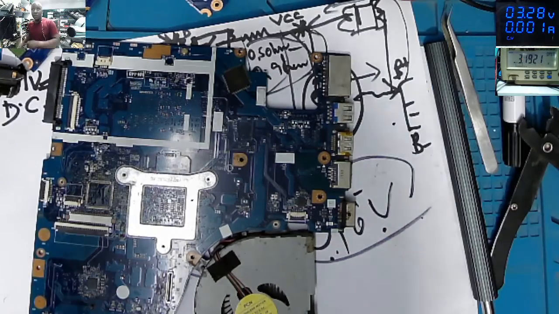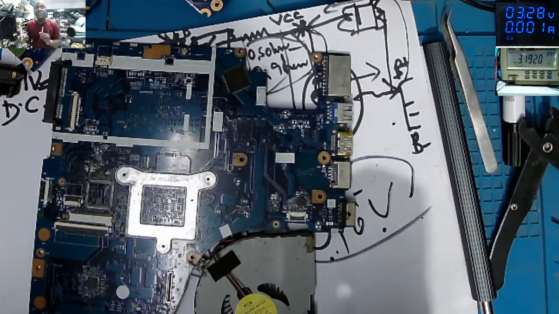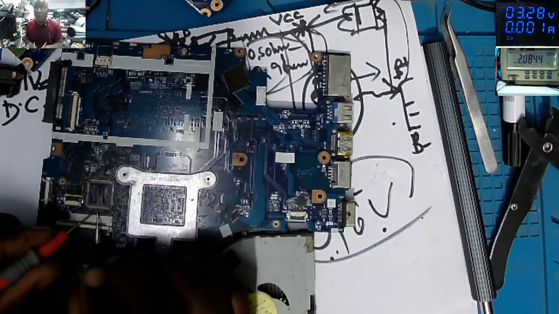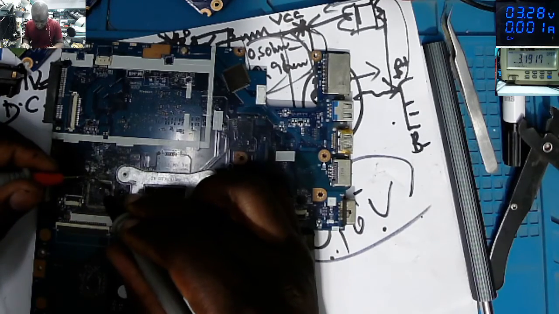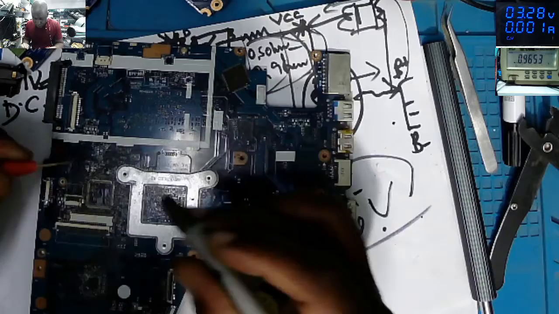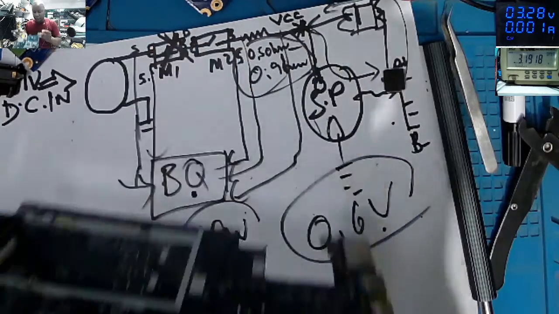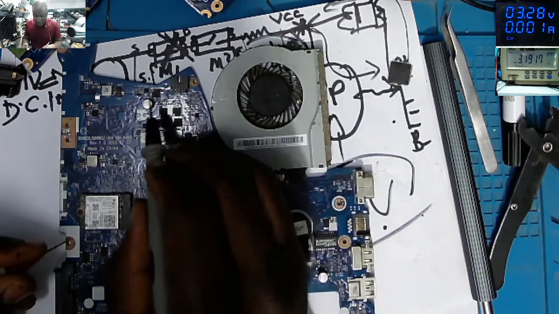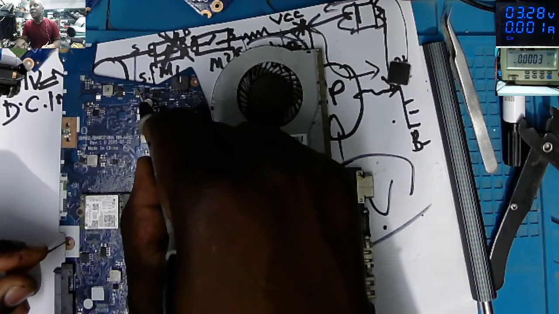So the question is, do you still have a short on those capacitors? No, you can see it's not beeping anymore. So this chip is gone. That is the problem with this motherboard. And the main 19 volts is still shorted to ground.